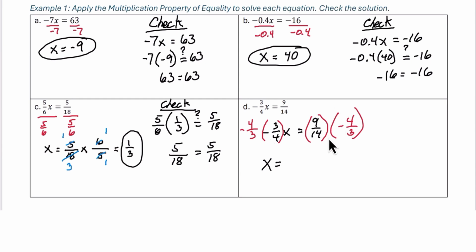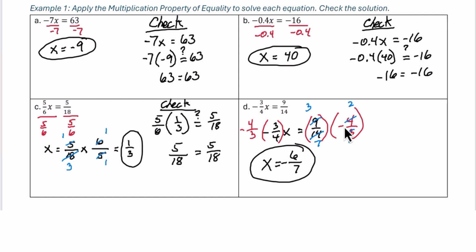And then over here we can reduce. 3 goes into itself once, 3 goes into 9 3 times. And then the 4 and the 14 have a 2 in common. So we're left with 3 times 2 is 6. 7 times 1 is 7. And then positive times a negative is a negative. So we get -6/7.